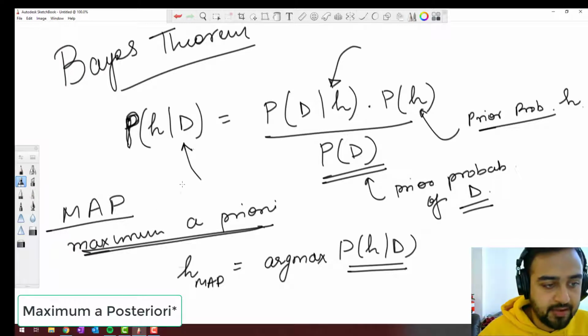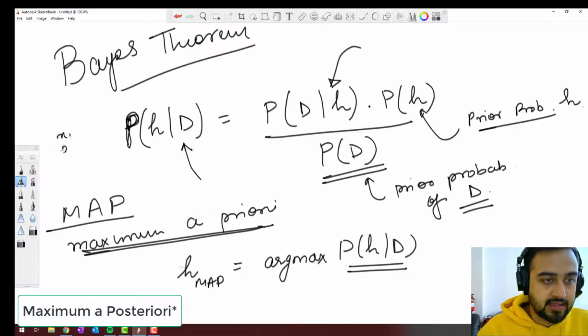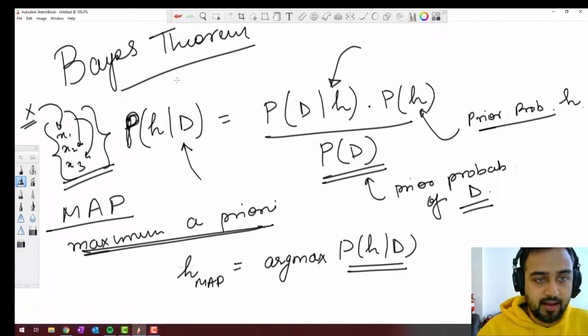And now, what is a hypothesis? A hypothesis can be anything. Let's say there are three classes, x1, x2, and x3. There's a data point that comes in, capital X. So a hypothesis can be that X belongs to class x1, belongs to class x2, or belongs to class x3. So there are three possible hypotheses.